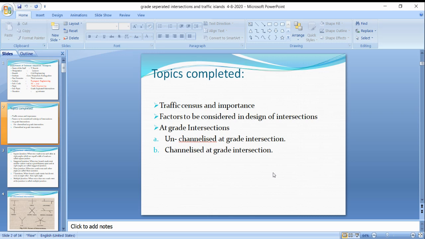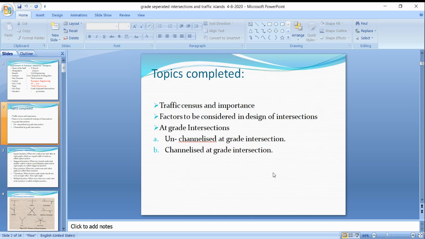Proper signs should be there at the junctions, and traffic islands should be there for channelized sections. Proper pedestrian facilities should be there, and last, free flow of traffic at design speed should be kept. These are the factors considered in the design of intersections.